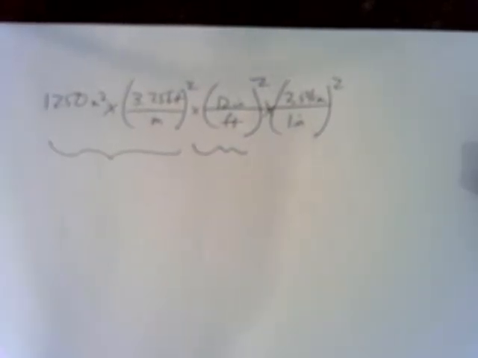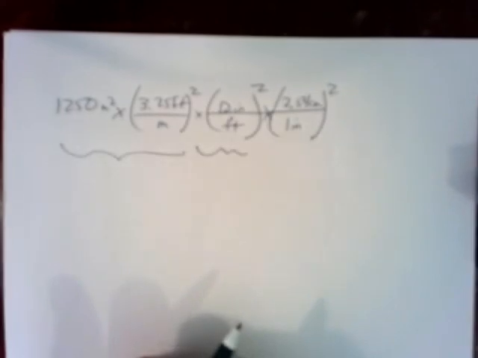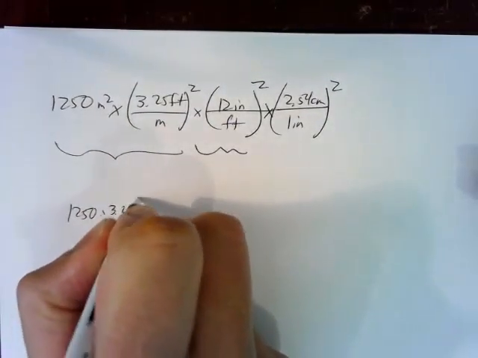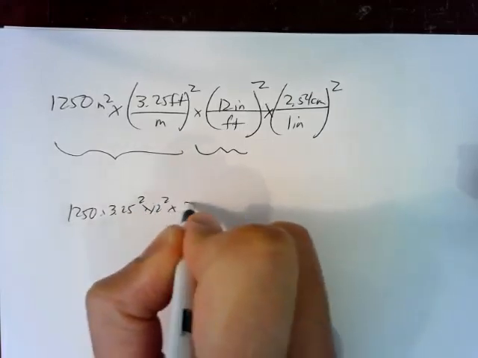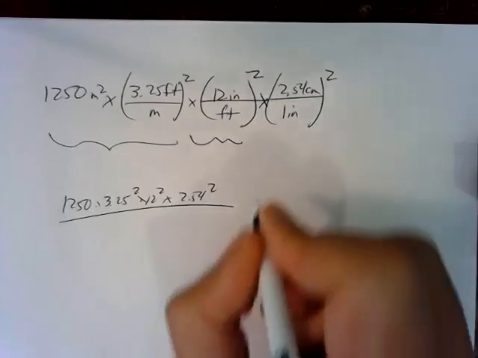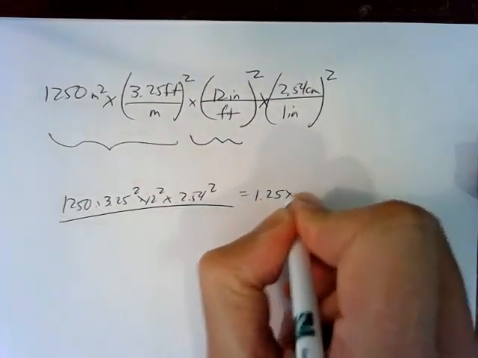So notice what we would have to do now in calculating. We deal with the numbers first. Numbers would be 1,250 times 3.25 squared times 12 squared times 2.54 squared. You plug that into your calculator, you get 1.25 times 10 to the 7th.